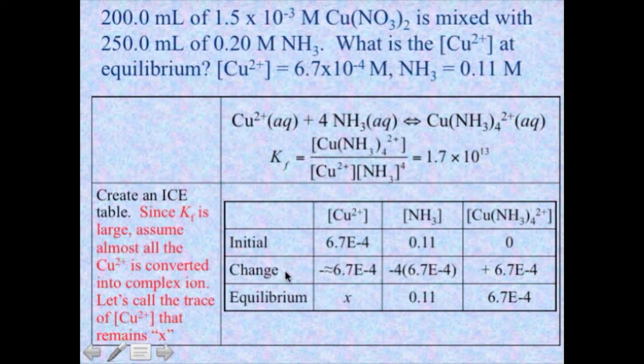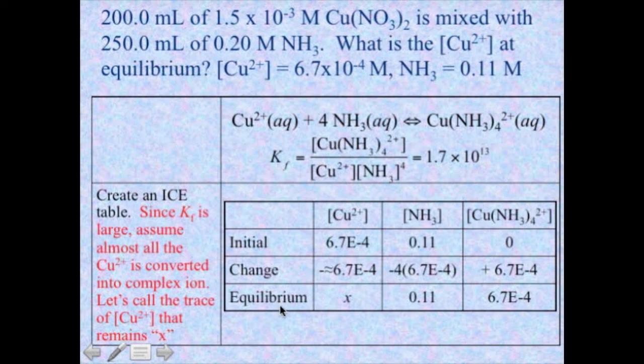Now what reacts? Almost all of the copper ion reacts, and we know that because the K value is such a large number. Certainly almost all the copper ion is going to react, but it's going to leave behind a very small amount that we're going to call X at equilibrium. For the ammonia, 4 times that amount is going to react, and it's going to form 6.7 times 10 to the minus 4 molar of the complex.